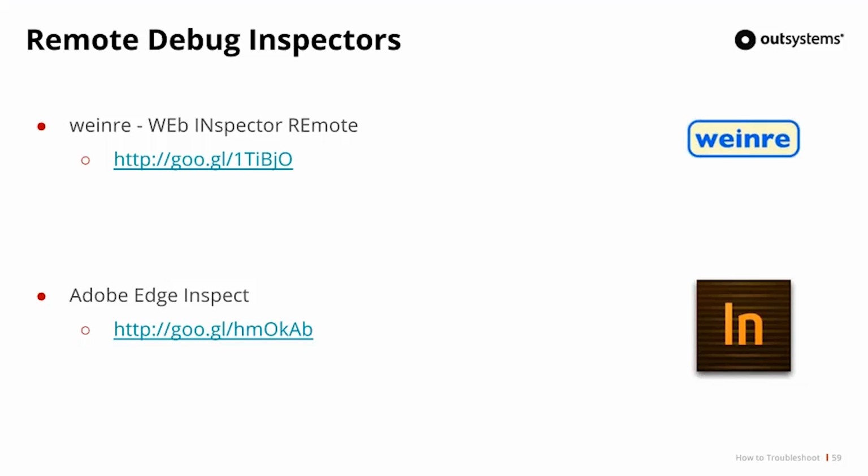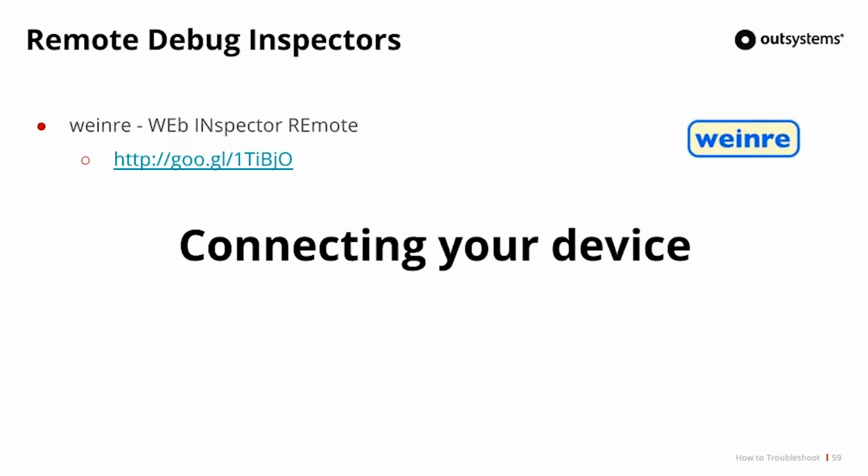Silk UI uses this. You have a side property that you can trigger there. Also Adobe Edge Inspect, which also uses Weinre. We can also use it, and they are very good tools to remote debug.